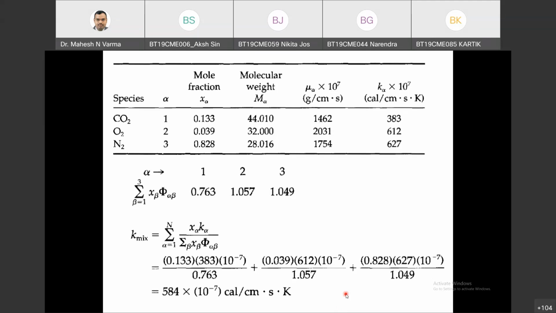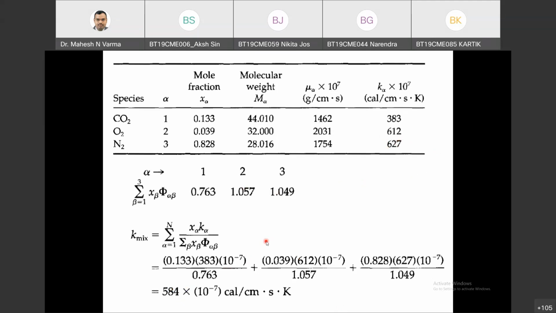Certainly, this mixture contains the maximum amount of nitrogen, so you can see our value is also very close to the thermal conductivity of nitrogen. You can cross-check whether your answer is correct or wrong.